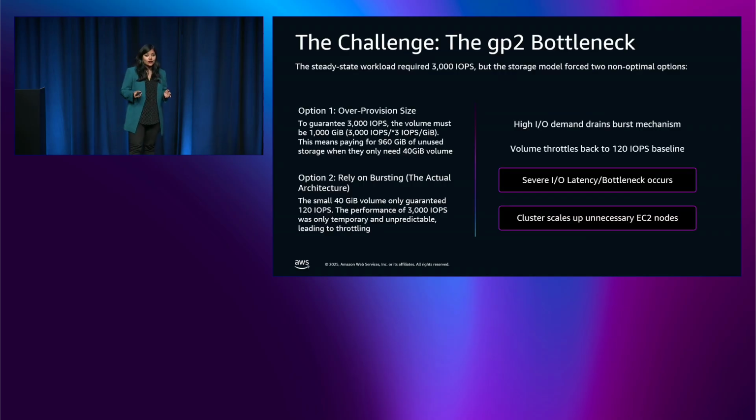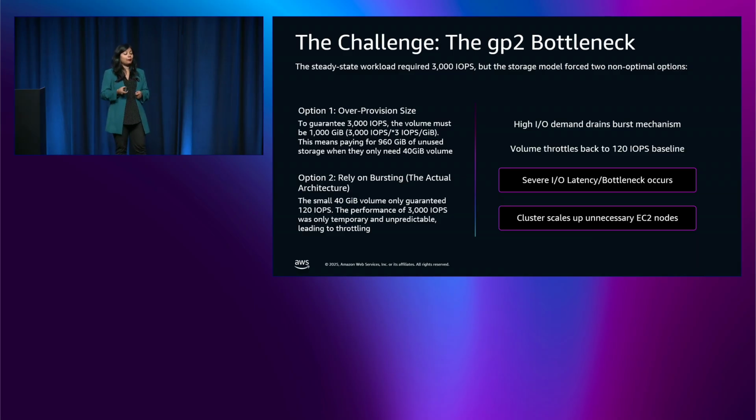So what was the challenge, and how did they optimize and mitigate that challenge? Initially, they were using gp2, and like Dutch mentioned, gp2 performance and size is coupled. They just wanted 3,000 IOPS, and to get there they were stuck with two options.